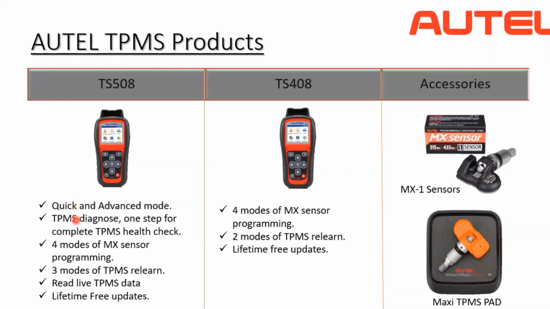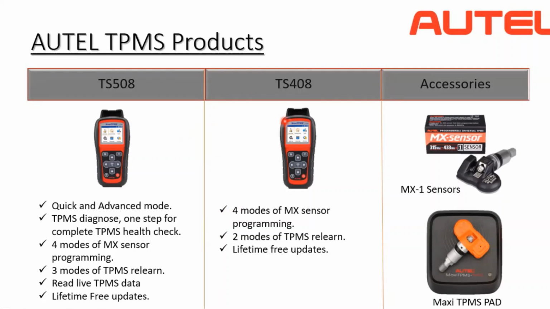The TS508 does all the features, including the diagnosis, 4 modes of MX sensor programming, 3 modes of relearn as the other tools, and the live TPMS data. Then the big advantage of this tool is its lifetime free update. You don't need to pay anything extra for the lifetime of this tool. You can update and keep on using it on the newer cars coming into the market.